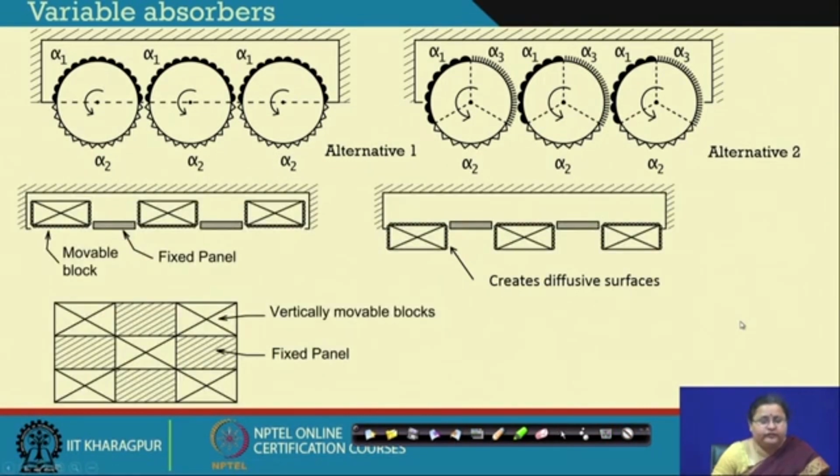You can also have movable blocks. You can see these are particularly in the ceiling areas, where when the fixed panels are there, the movable absorbers can be rotated or can be brought down, and diffusive surfaces can be increased.